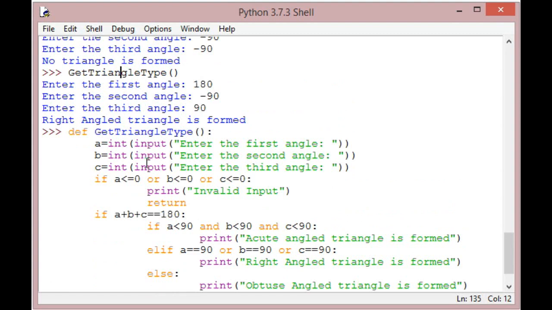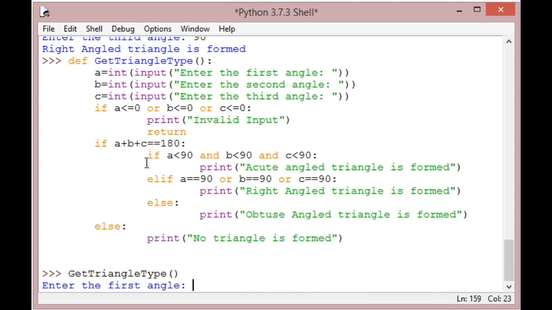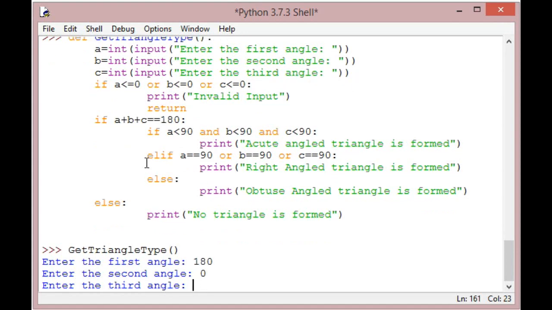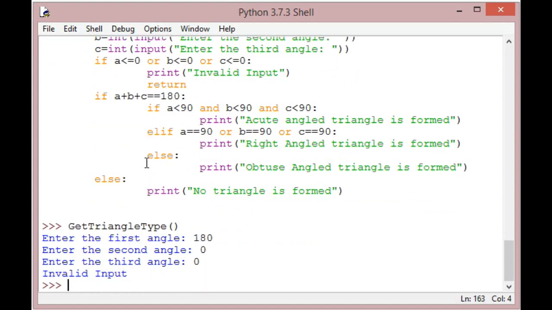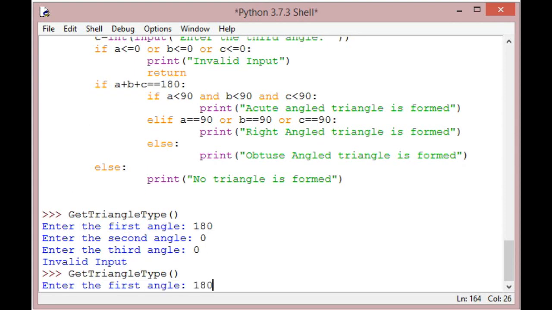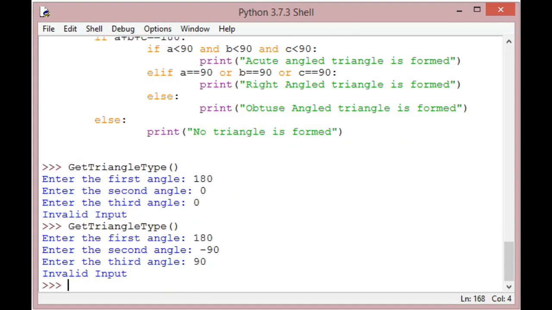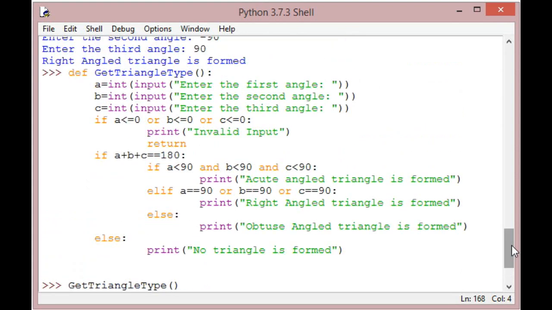I'm calling it, I'm putting 180, 0 and again 0. So it is showing me invalid input. Or if I take the same inputs the way I was taking earlier, here also it is showing me invalid input. So to some extent in your programs you need to take care of these things.